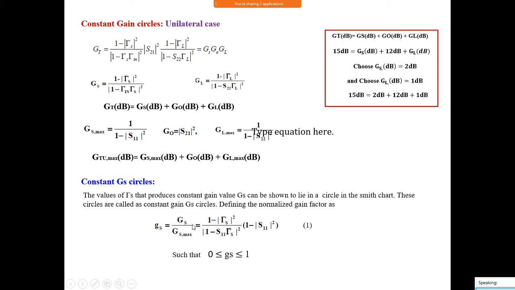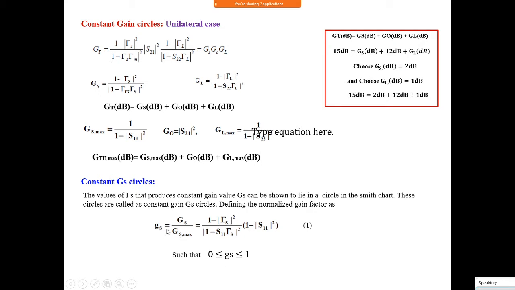That gs depends on Γs, which depends upon ZS. So finally, the normalized gain gs depends upon ZS. So instead of taking only GS, we normalized GS and have taken this gs. Based on the gain required, we can select the value of ZS now.